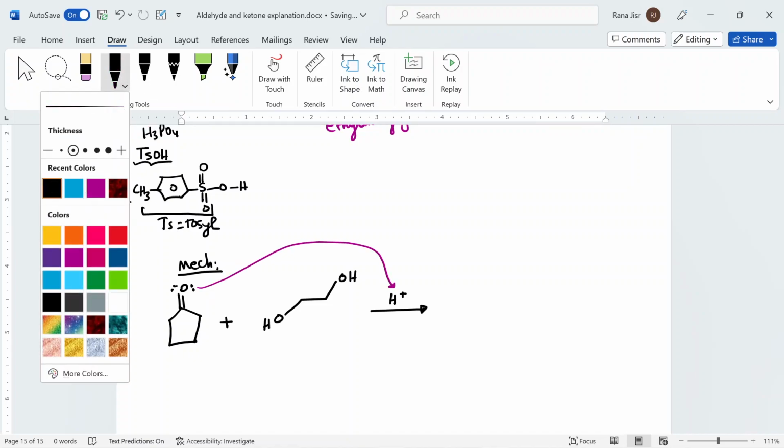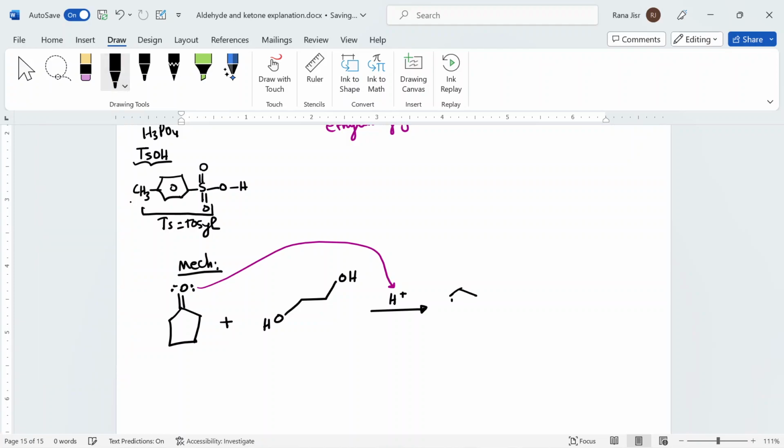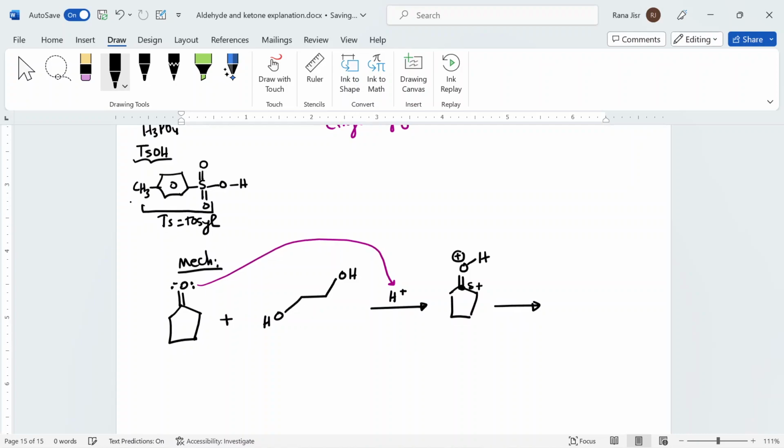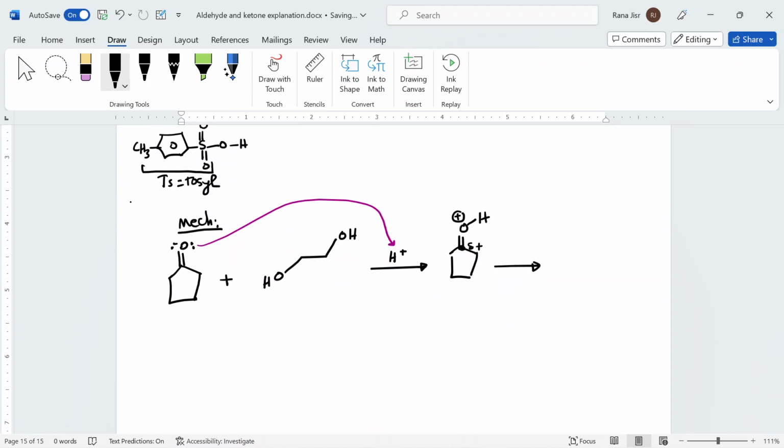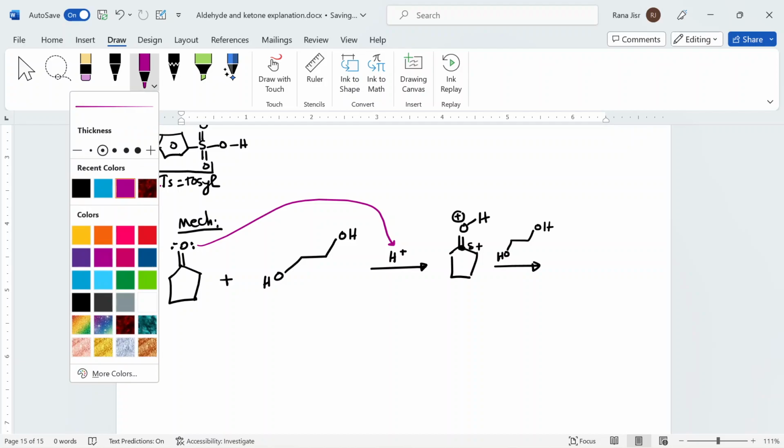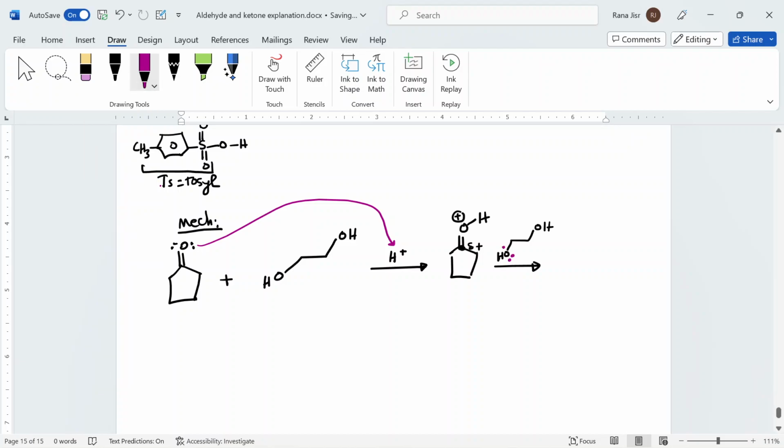When you protonate the oxygen, you are going to end up getting a reactive partial positive carbon. So this one is going to be partial positive and is going to be very reactive now for the nucleophile to attack. So once you do this, then we're going to go ahead and start with the first OH. Choose whatever OH you want in there. So my first OH that I'm going to choose is going to be this one over here.